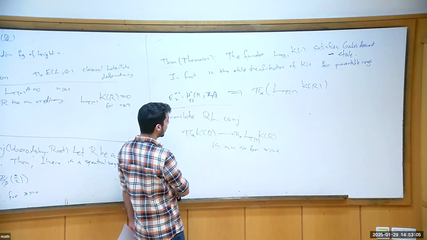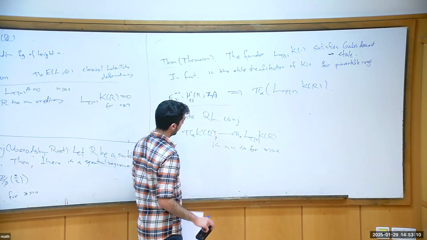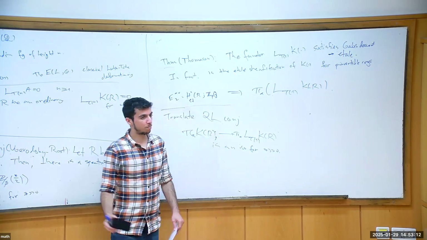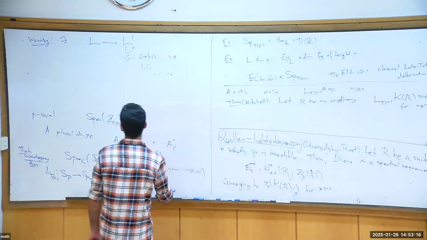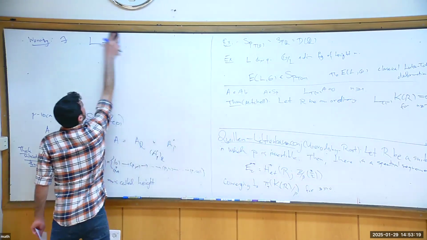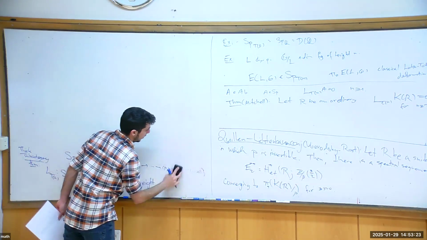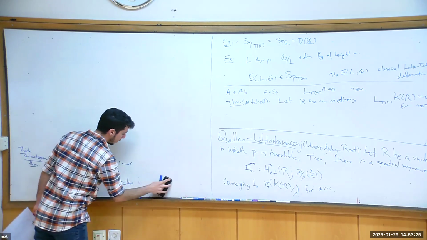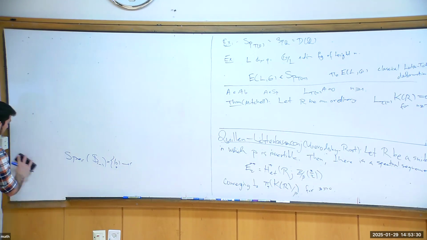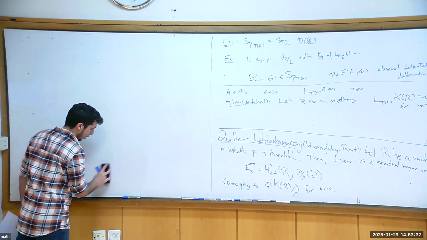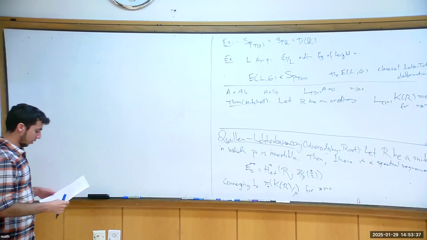You can definitely do the mod p version, but you can just do mod p to the n, and this works for mod p to the n, and we can just assemble them. Yeah, I think it is in his paper. He stated it in a slightly different way. Instead of writing T1 localization, he writes inverting the Bott element. But it's exactly equivalent.